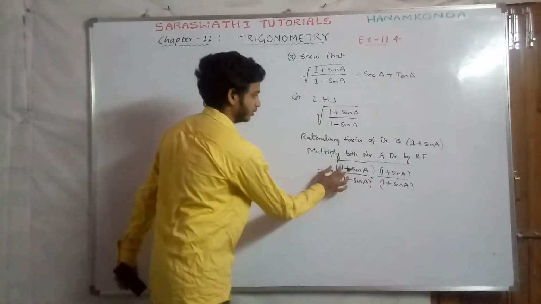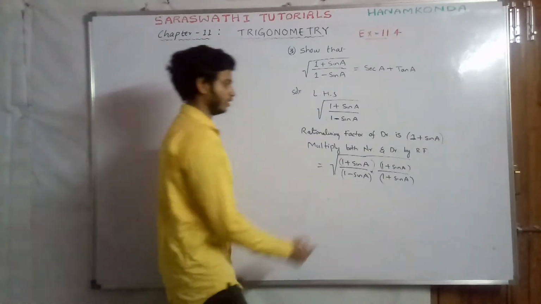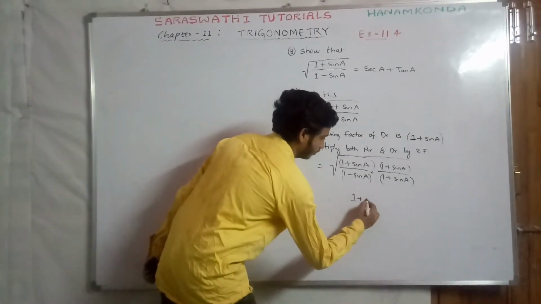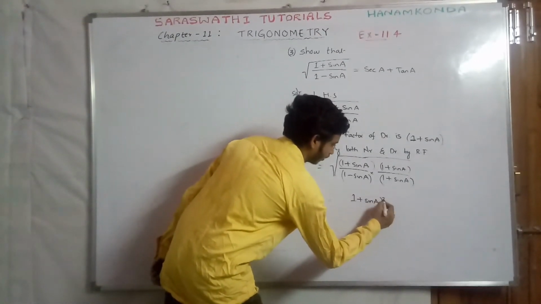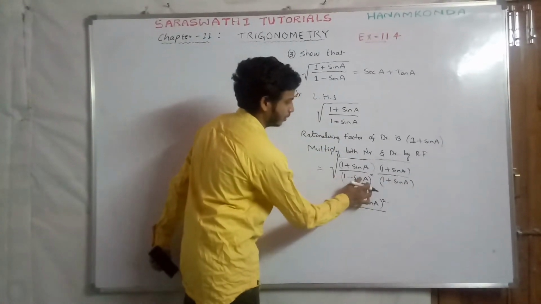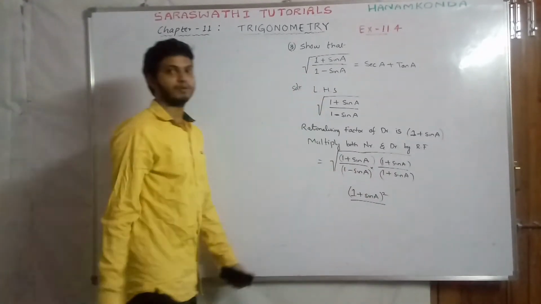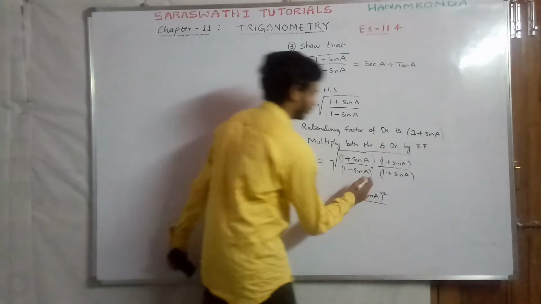Okay, so the numerator 1 plus sin a and 1 plus sin a, we can write as (1 plus sin a) whole square, by the denominator (1 plus sin a) into (1 minus sin a). That is of the form (a plus b) into (a minus b), and we know the formula (a plus b)(a minus b) is a square minus b square.